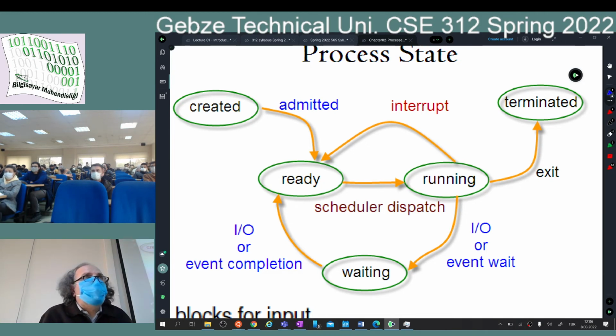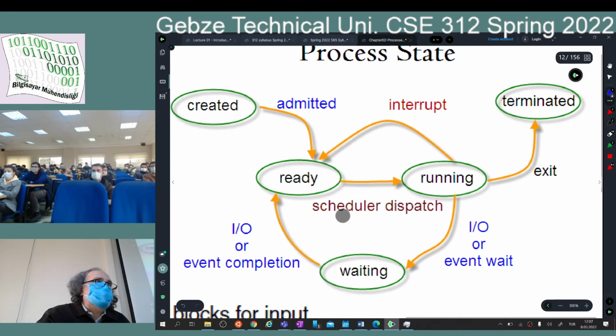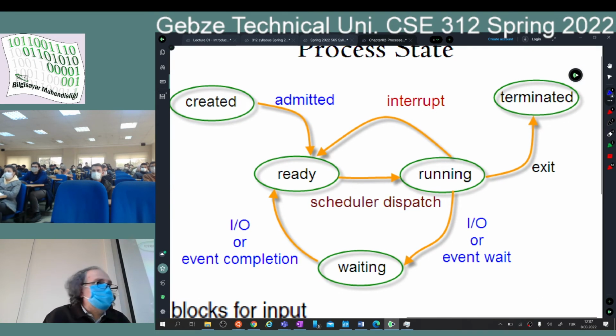The operating system has to handle that interrupt. As soon as the interrupt happened, this process is in the ready queue again, because this process was happy, it was running, but I had to stop it. So it is in the ready queue, and it will wait there until the operating system makes the decision that this process can continue.